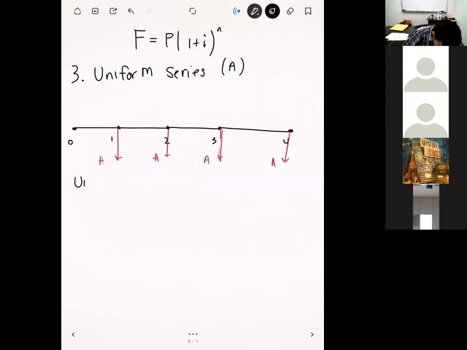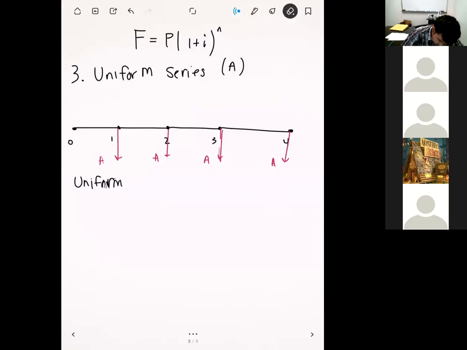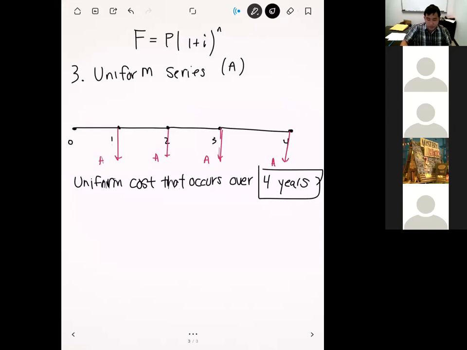And it's 4 years because it goes through 1, 2, 3, 4.